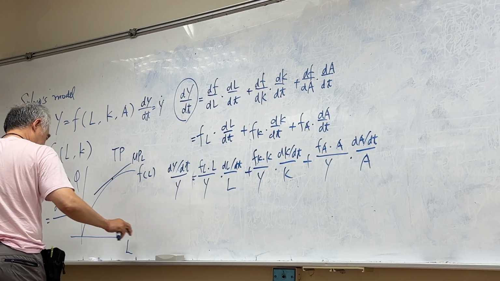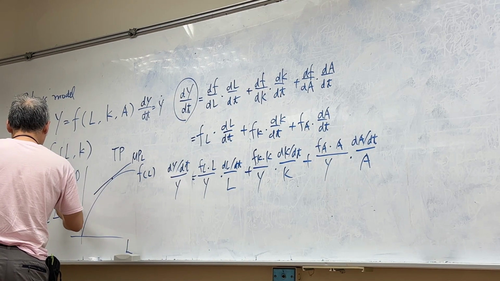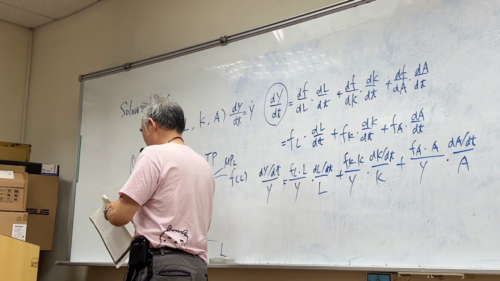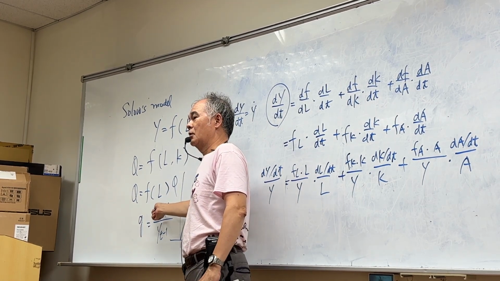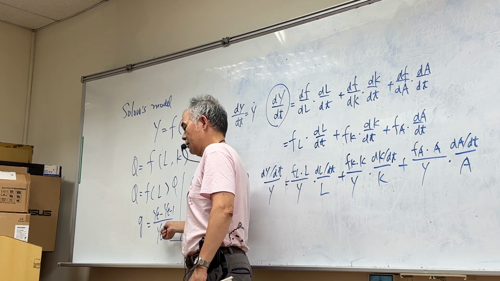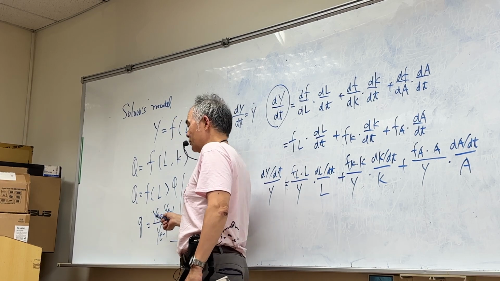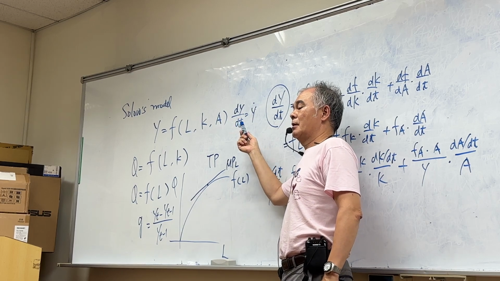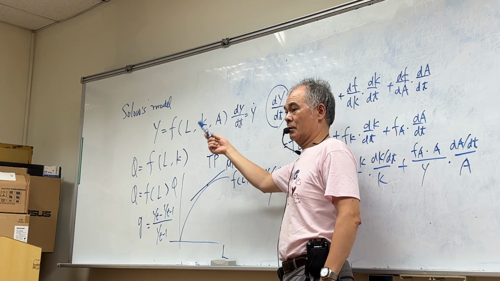It is Y_t minus Y_{t-1} divided by Y_{t-1}, right? So this is the changes in GDP divided by the past year GDP. What you get? You get growth rate. So as time goes by, this is the growth rate. Of course, it can be positive when it's economic growth. If it is negative, it's economic recession.